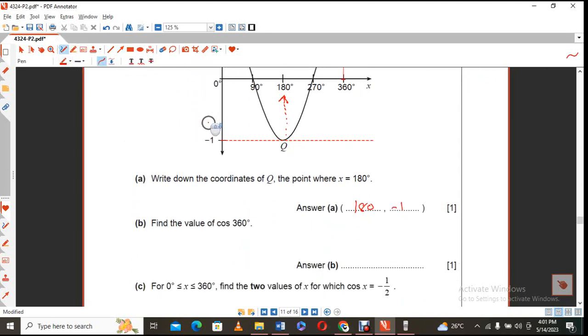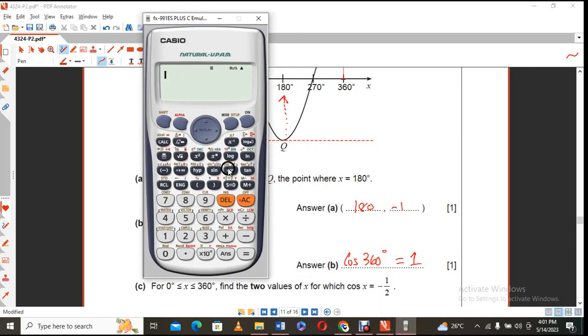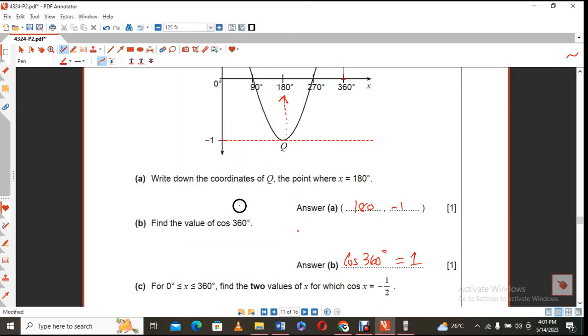So cos of 360 degrees is equal to 1. In fact, you will get the same answer on your calculator. If you were to hit cos of 360 degrees, you'll get 1 as an answer. But you can use your calculator or your diagram. Okay, but if they say find the value, you can also use your calculator.